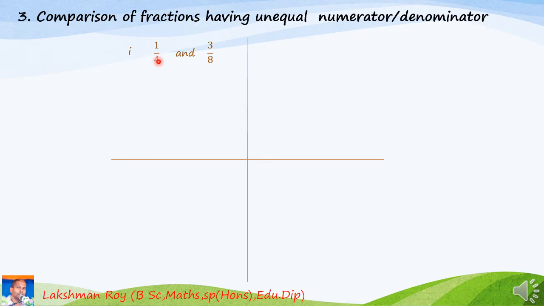Now you can see here the first fraction's denominator is 4, and the second fraction's denominator is 8. Now what I'm going to do is make the denominators equal. In the denominators, you can see 4 and 8, that means if I multiply this 4 by a number, it can become 8.